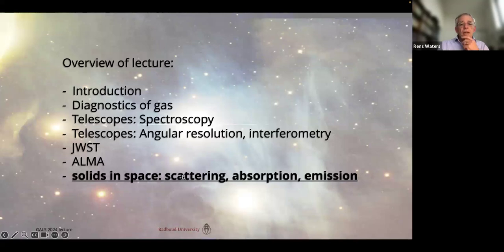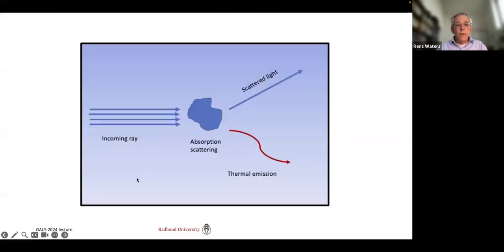If you want to understand dust, it's maybe good to go a bit into details about how dust particles interact with electromagnetic radiation. So I prepared a number of slides that discuss scattering, absorption, and emission of dust particles. The basic principle is not more complicated than this.